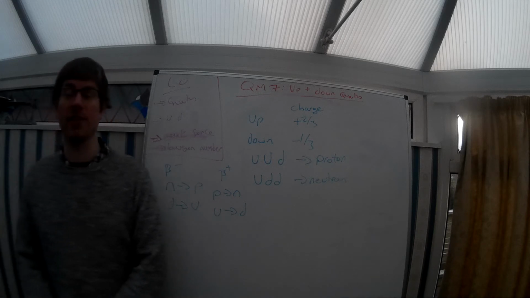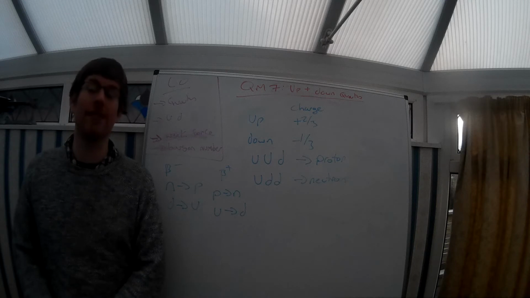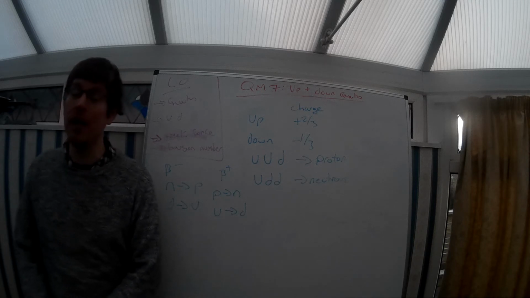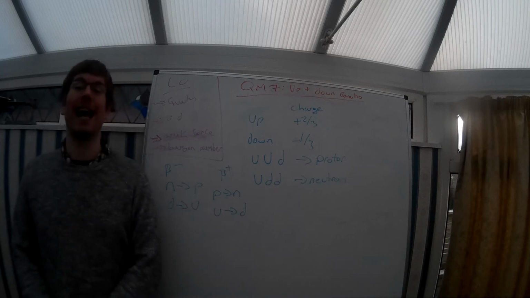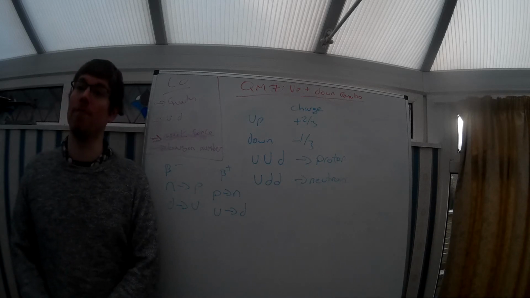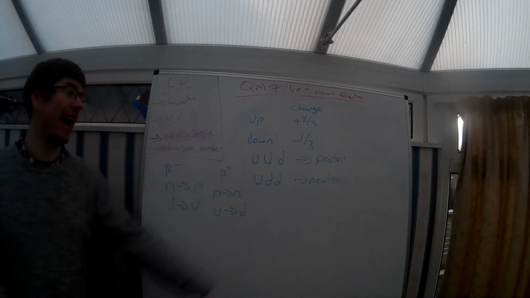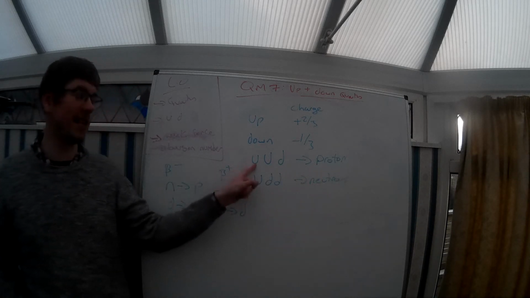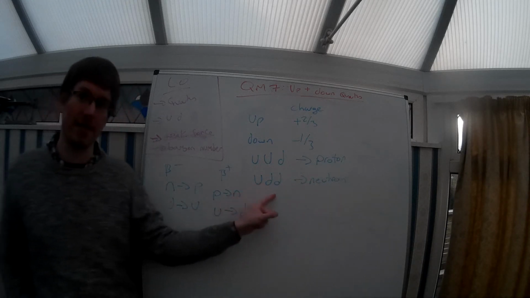The inverse is true of all the antiparticles. So, sorry, an antiproton has a baryon number of -1. An antineutron has a baryon number of -1. An anti-up quark, because of course an antiproton is going to be made of an anti-up, anti-up, anti-down. An antineutron is going to be made of anti-up, anti-down, anti-down.